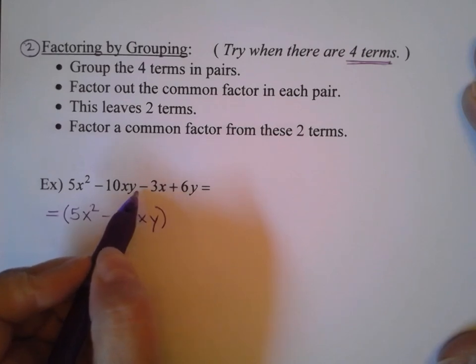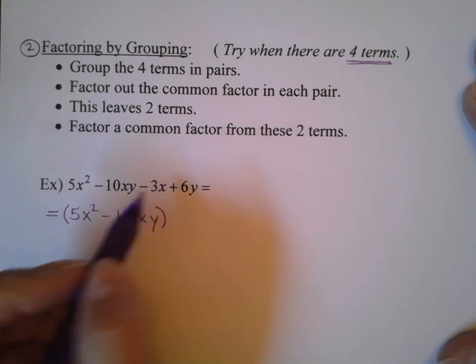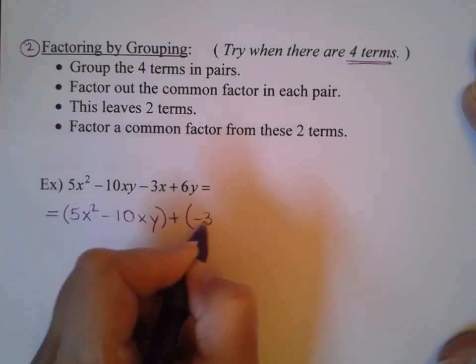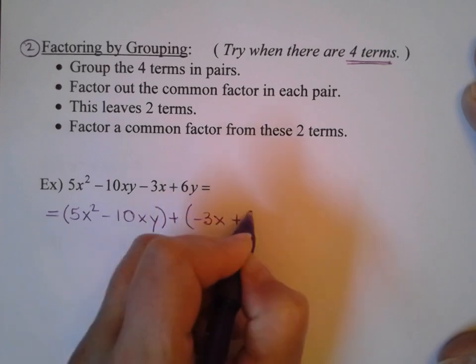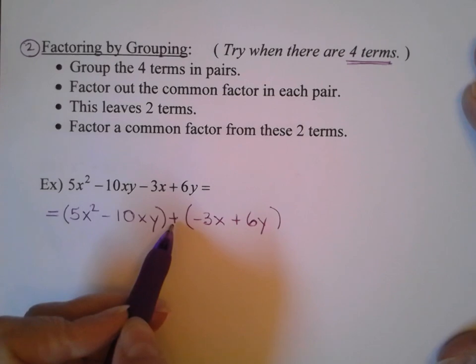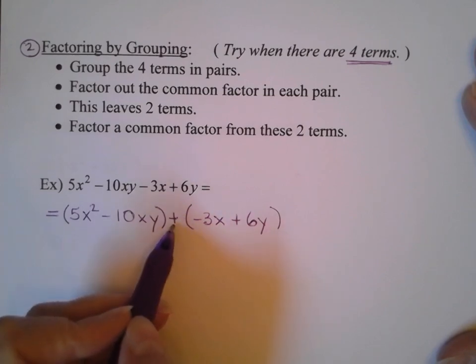Anytime I have a minus in the middle, I'm going to attach that to this 3, make it a negative 3x, and I'm going to put a plus in between the parentheses. The reason for this is because if I were to put the minus in between the parentheses, by writing the second group of parentheses here, I'm saying I've factored out a negative, and I may not be ready at this point to do that.